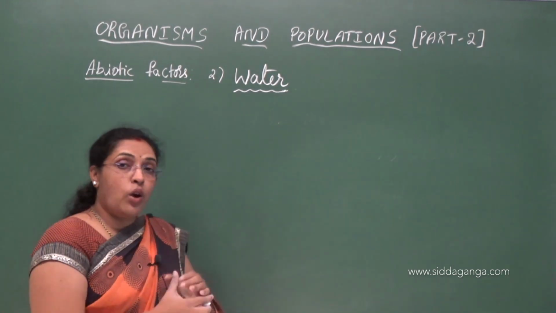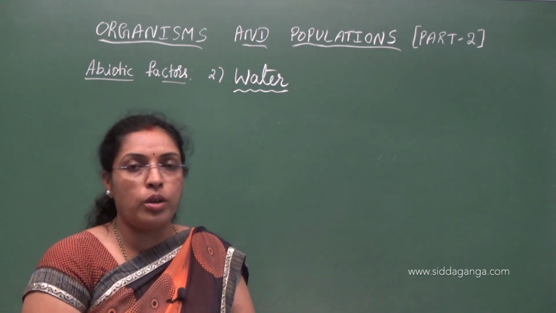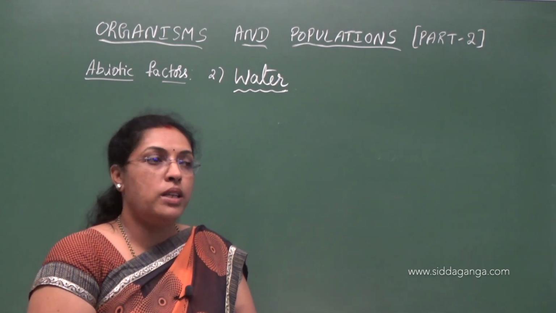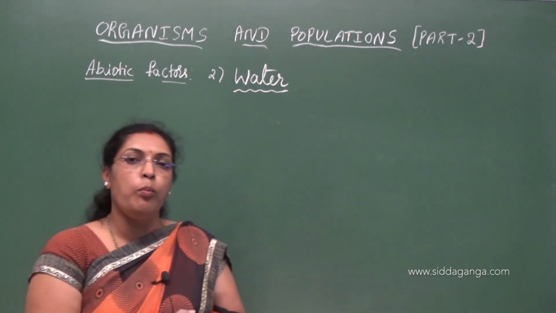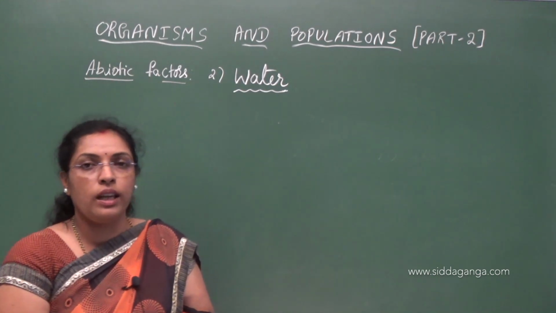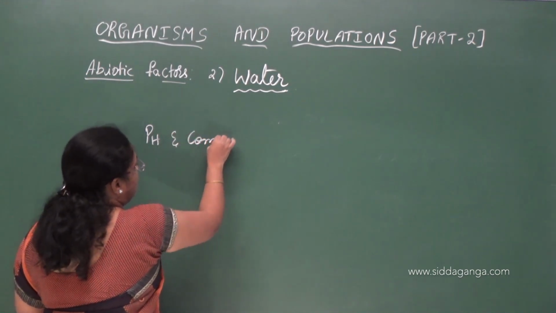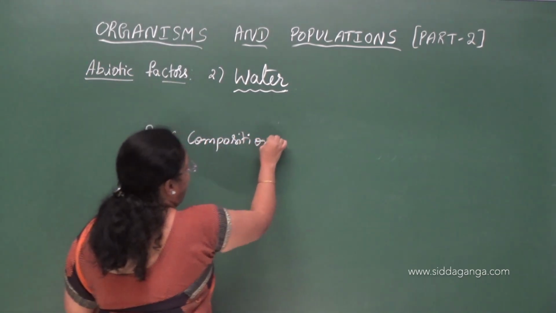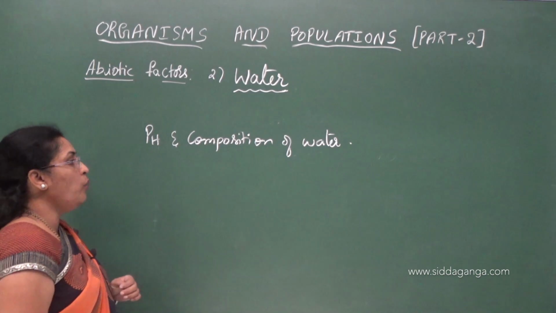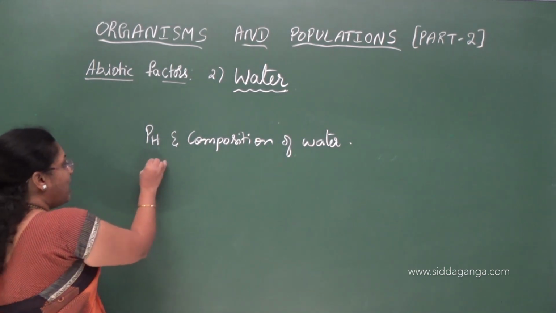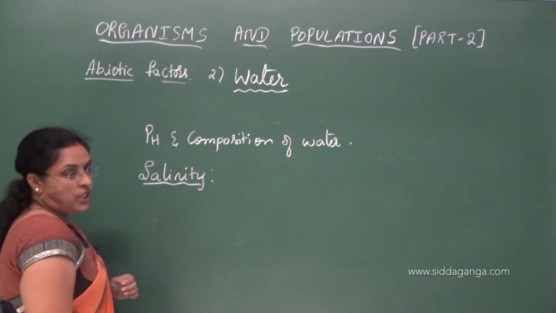We think aquatic organisms cannot face any problem with water because they are present inside the water, but that is not true. The pH and composition of water is very important for the survival of aquatic species. Among these, salinity means the presence of salt in the water.